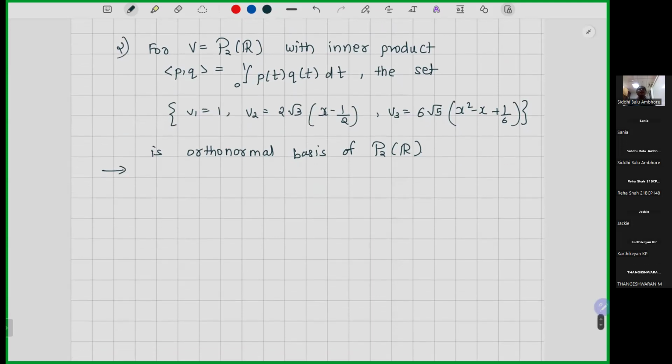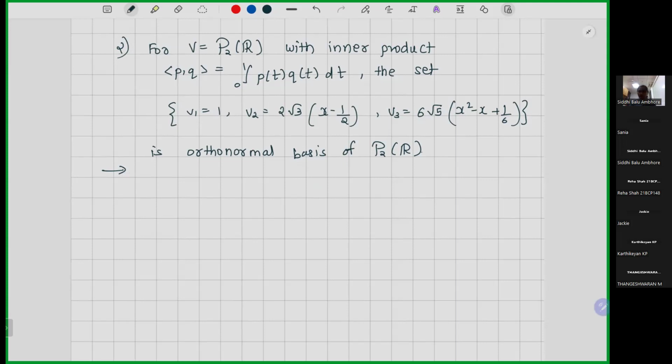To check whether this is an orthonormal basis or not, we have to check those 6 conditions, that <Vi, Vj> is zero for distinct ones. Since there are 3 vectors, we have 3 possibilities: V1, V2; V2, V3; and V1, V3. And again, we have to check the norms of each of these vectors using the inner product defined as the integral from 0 to 1.